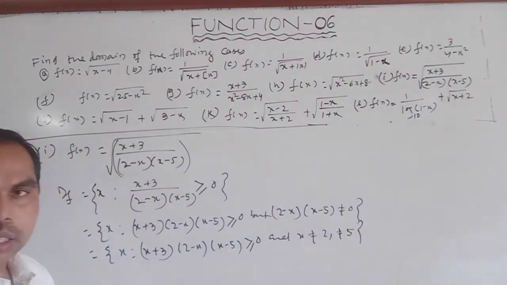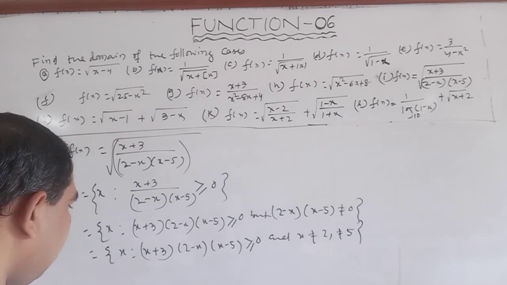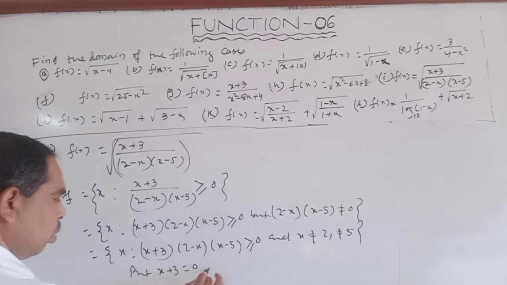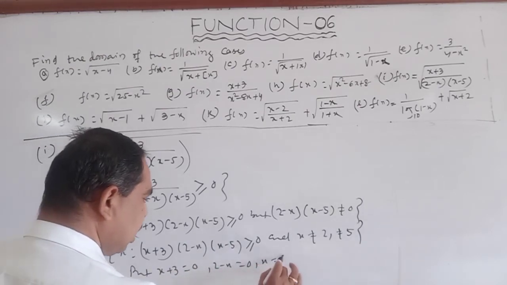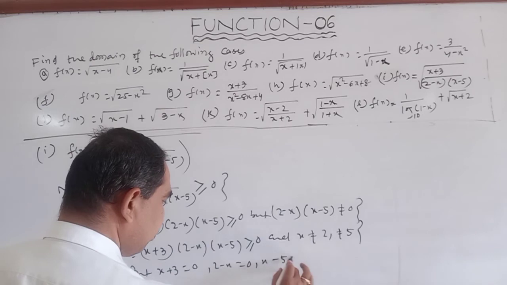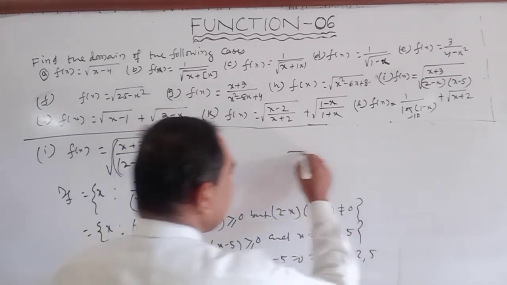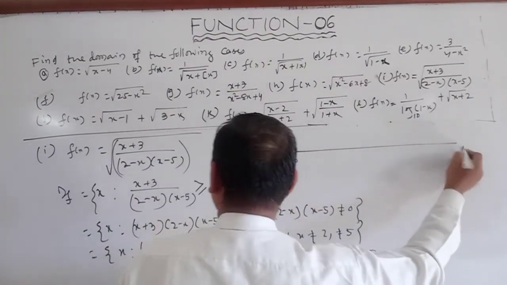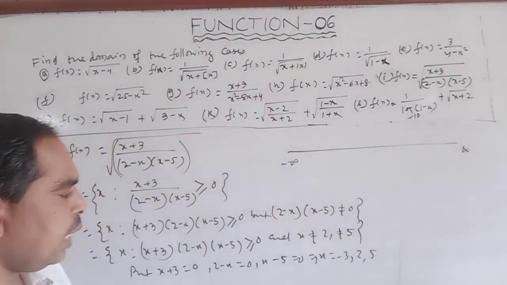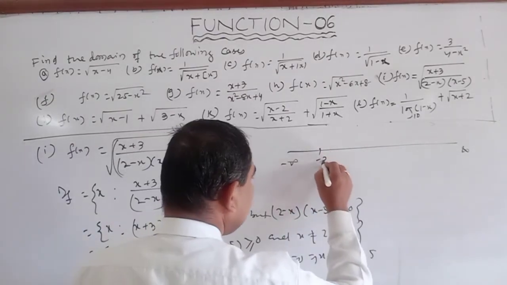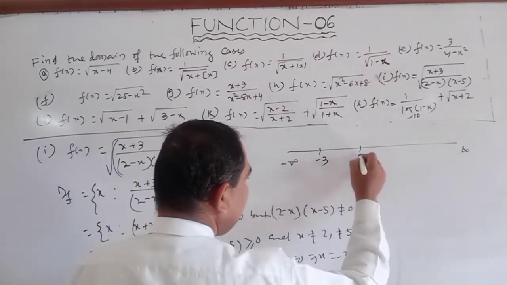First put x plus 3 is equal to 0, 2 minus x is equal to 0, x minus 5 is equal to 0. So x is equal to minus 3, 2, 5. Draw the number line from minus infinity to plus infinity, then put the values in order: this is minus 3, then 2, then 5.